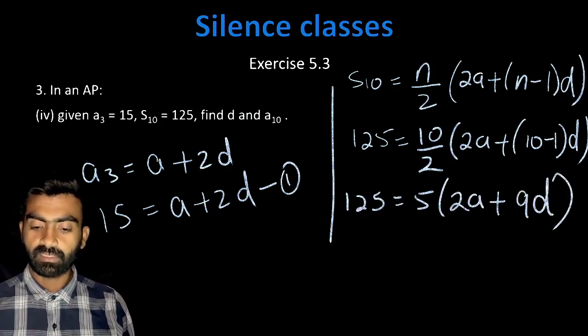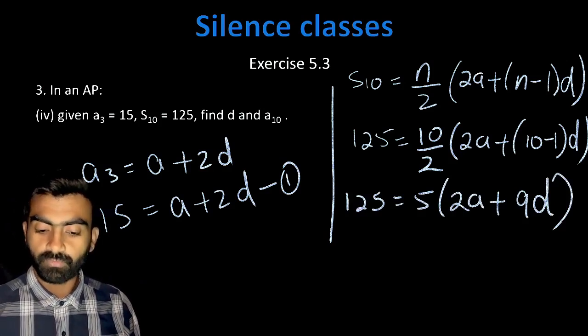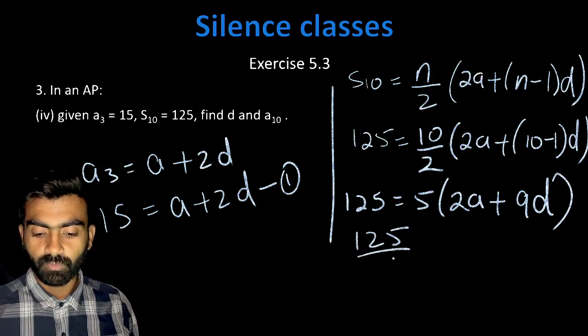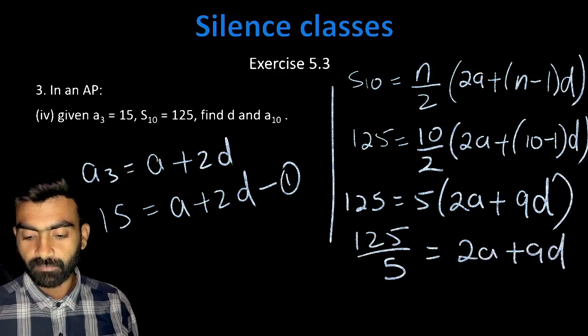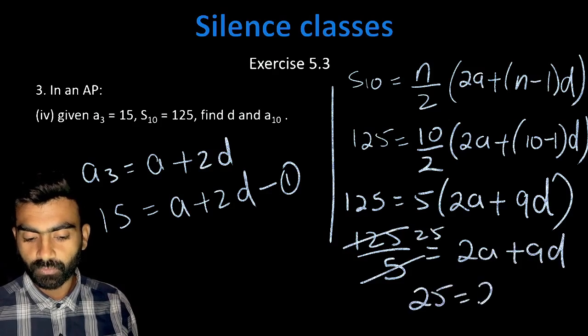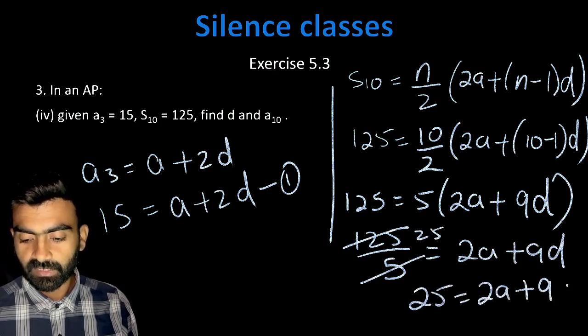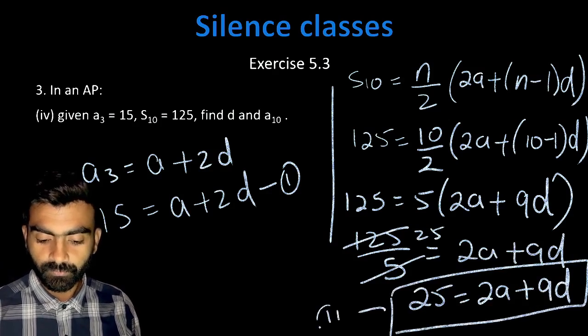We can bring the 5 over, so we get 125 upon 5 is equal to 2A plus 9d. 5 twos are 10 and 5 fives are 25. So we will get 25 is equal to 2A plus 9d. By this we got equation number 2.